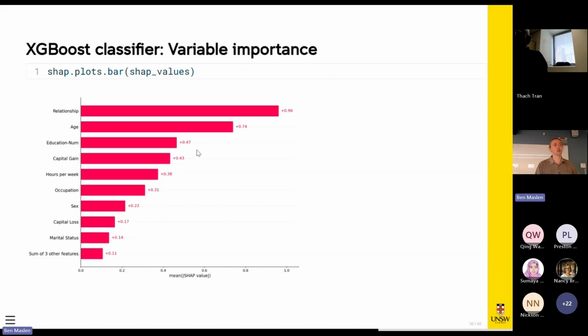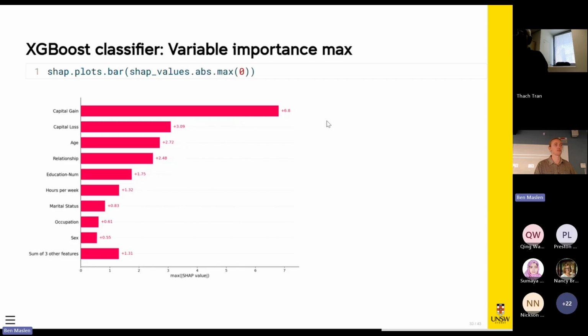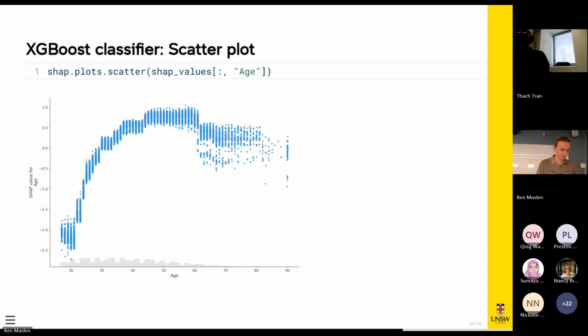And so that's an alternative to doing this variable importance plot, where we're just looking at the average itself. You can also look at the maximum SHAP value, which would then show the capital gains being really important. There's so many different plots and things you can play around with.